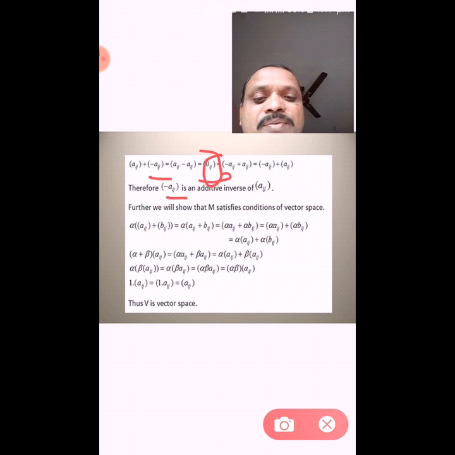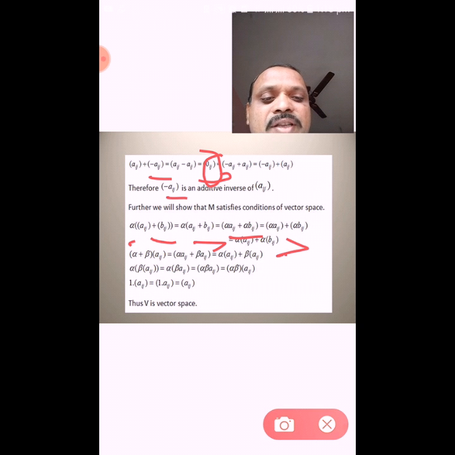Again, see the vector space properties. Alpha is a scalar, Aij and Bij are the matrices. Again, add the matrices first and then multiply by the scalar, and then multiplication by the scalar gives this term, and we can separate it like this. So that is the first property. This one is the second property, alpha plus beta is a scalar.